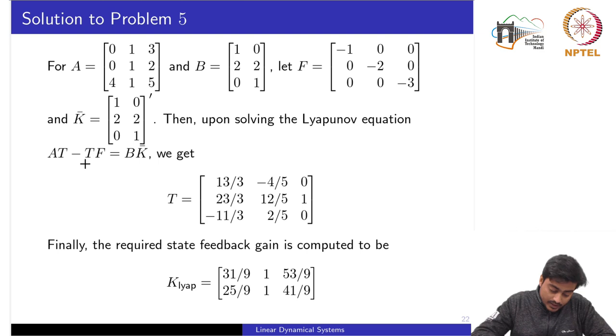But here, fortunately, we have chosen this k bar in such a way that the T matrix becomes non-singular. So now using the equation k equals k bar T inverse, we compute this state feedback matrix, and we put a subscript Lyapunov so that we can identify that this matrix has been computed by using the Lyapunov equation method.